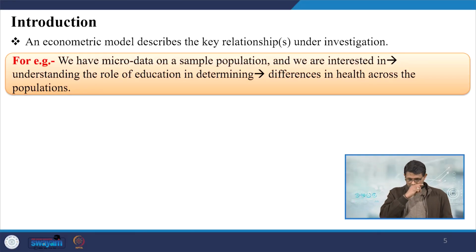In the introduction, I wish to explain that an econometric model describes the key relationship under investigation. That is, we have microdata on a sample population, and we are interested in understanding the role of education in determining the differences in health across populations.